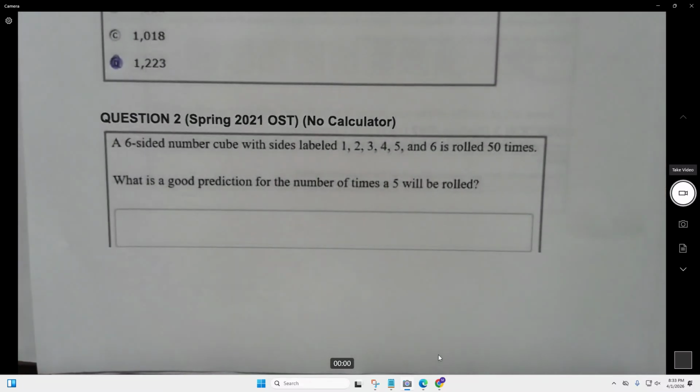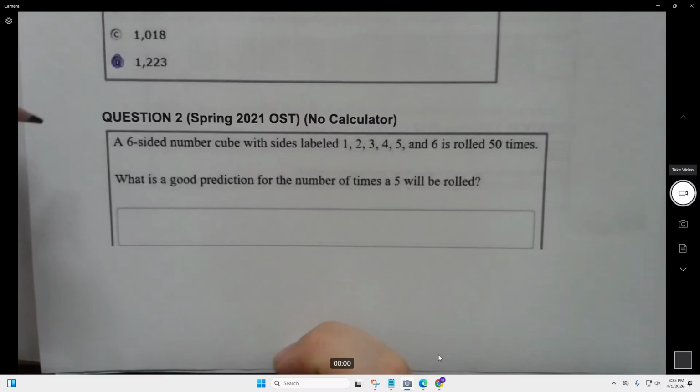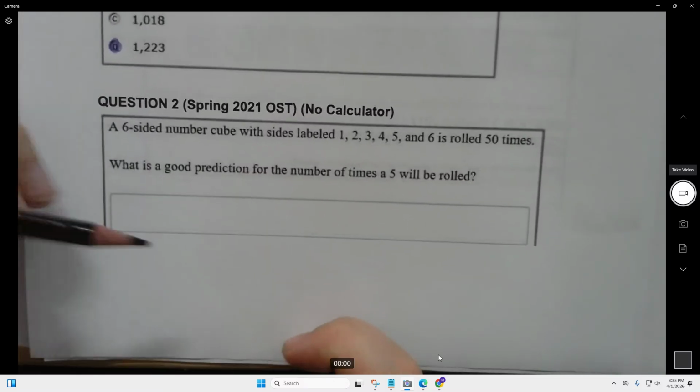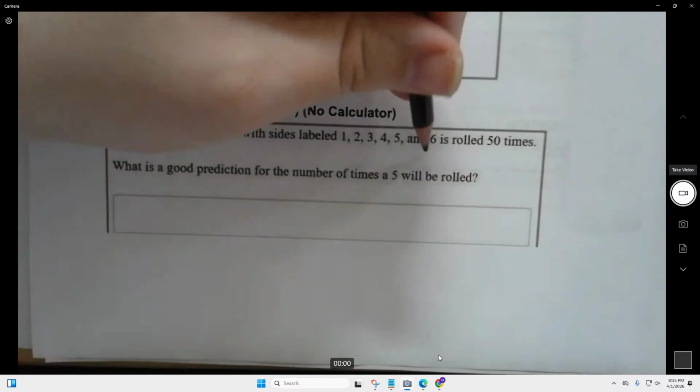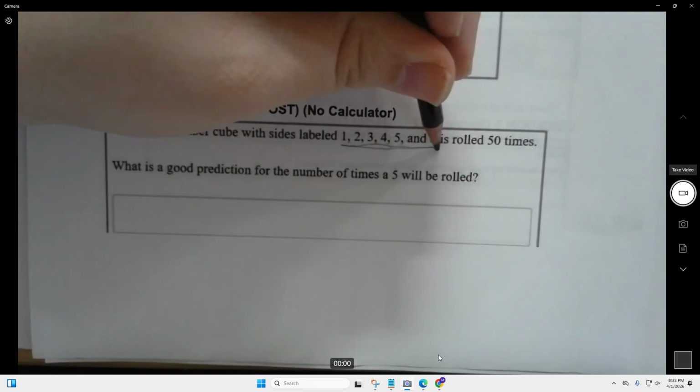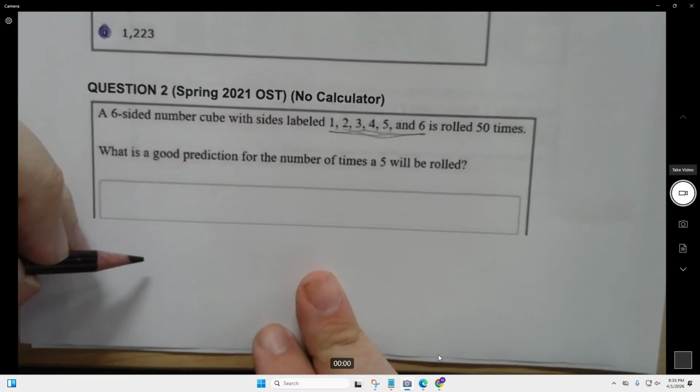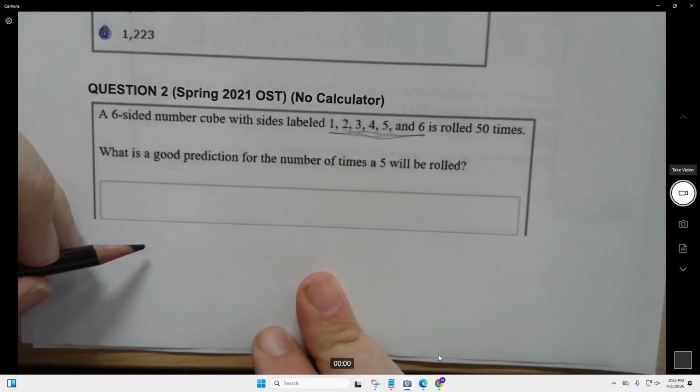Question 2. A six-sided number cube with sides labeled 1, 2, 3, 4, 5, and 6 is rolled 50 times. What's a good prediction for the number of times a 5 will be rolled? No calculator. Okay. So, you have 6 possible options. 1, 2, 3, 4, 5, and 6.